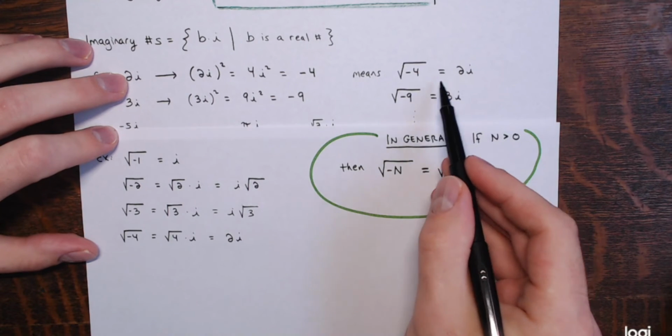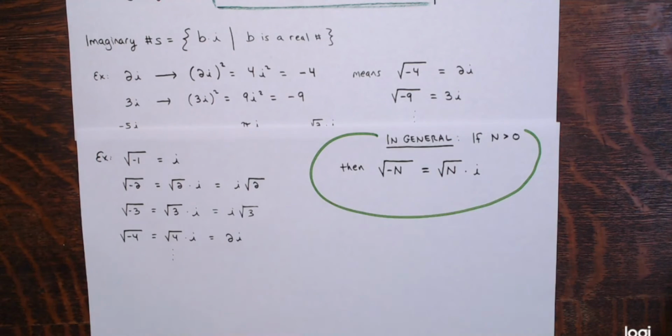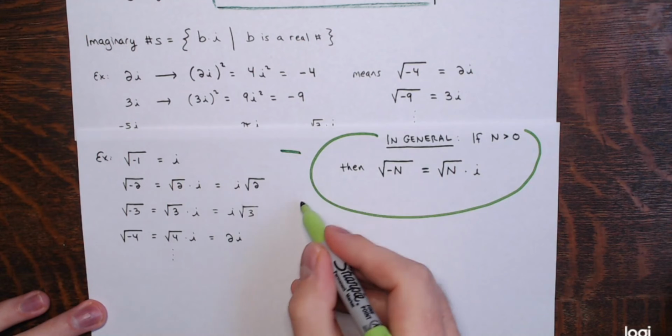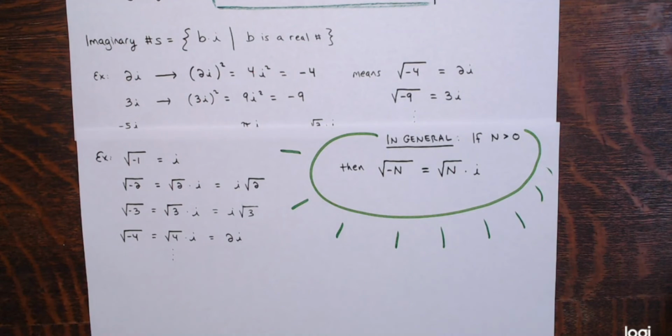And so on. But please, please, please, whenever you see the square root of a negative number, rewrite it this way. Do it immediately. It'll just make things that much easier in the long run.